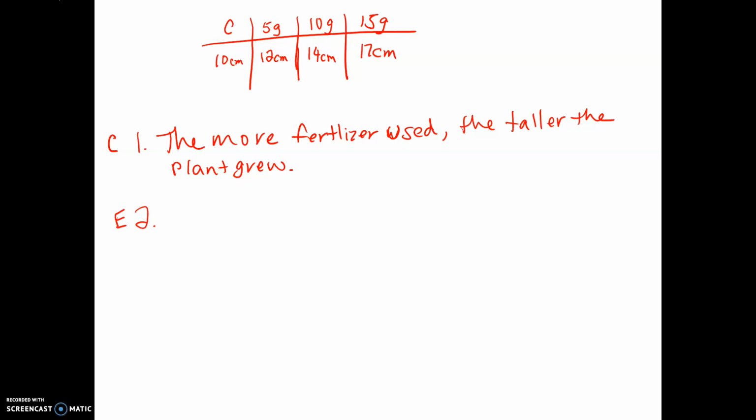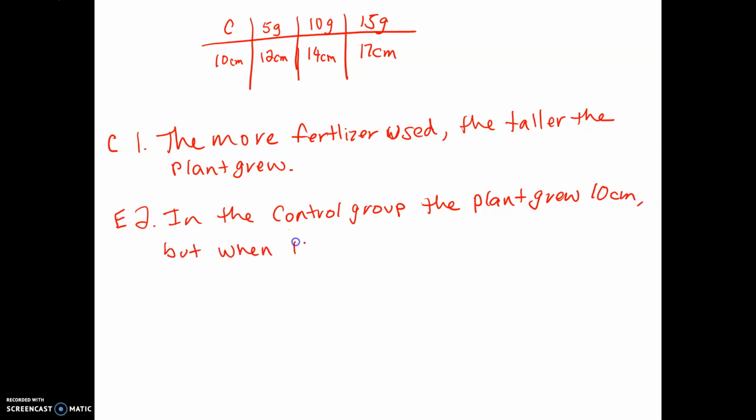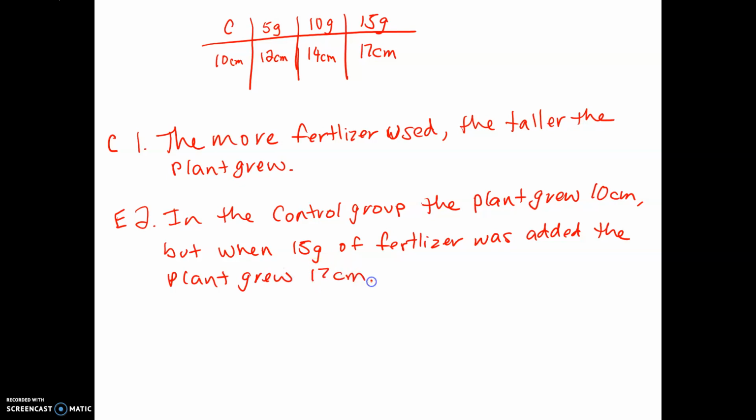So what we see here in the control group, the plant grew 10 centimeters, but when 15 grams of fertilizer was added, the plant grew 17 centimeters. Okay, so that's the evidence that we're using to support our claim here.